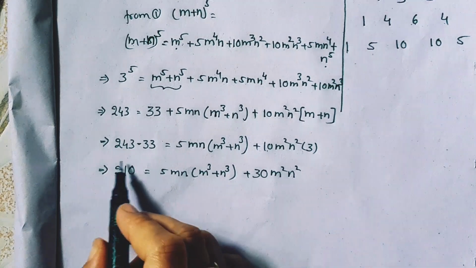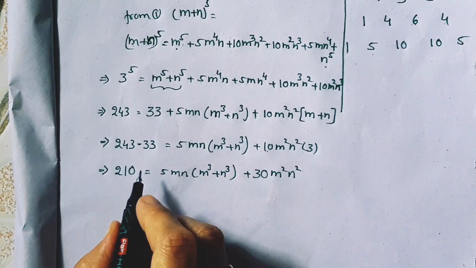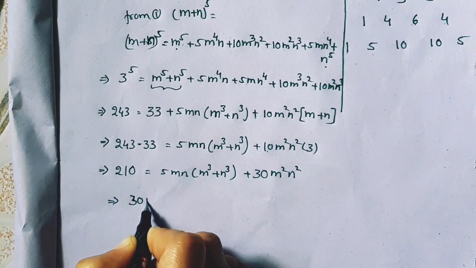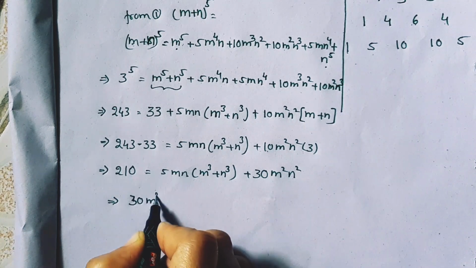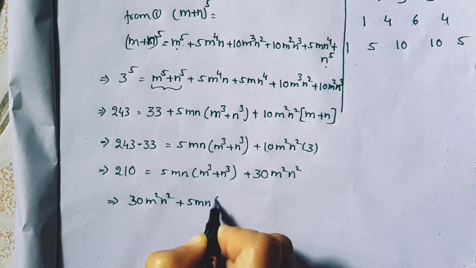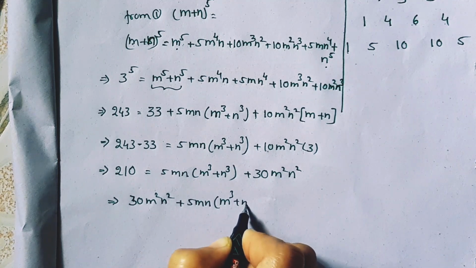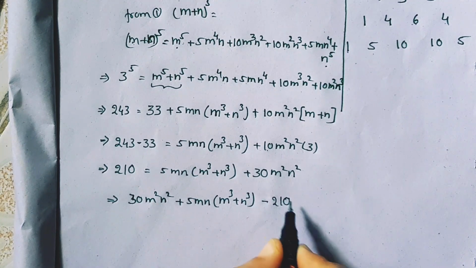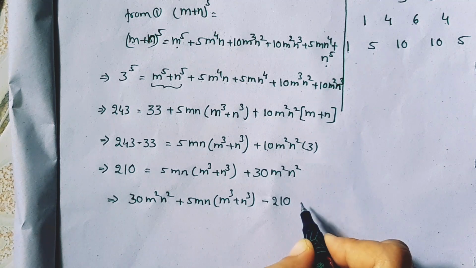So I'm just sending this part to here. Then it takes 30, I'm writing here m square n square plus 5 mn of m cube plus n cube minus 210. Okay. So let us treat that.